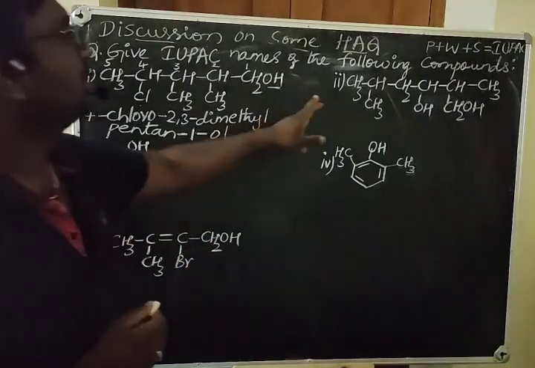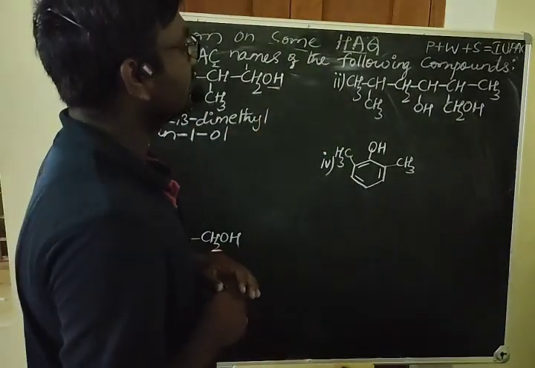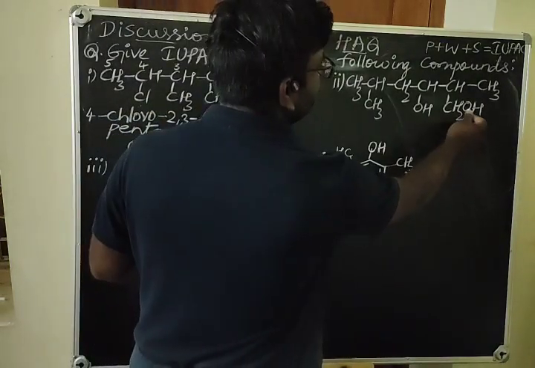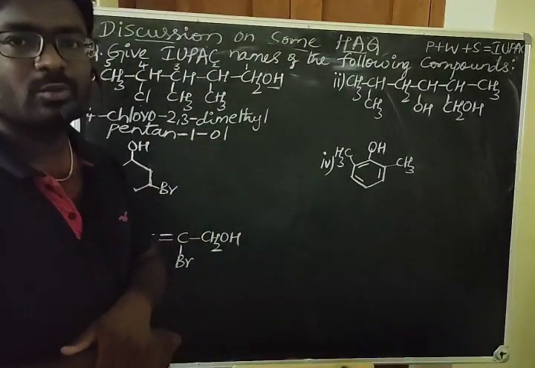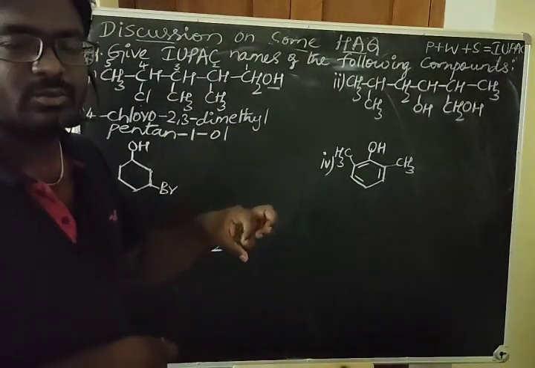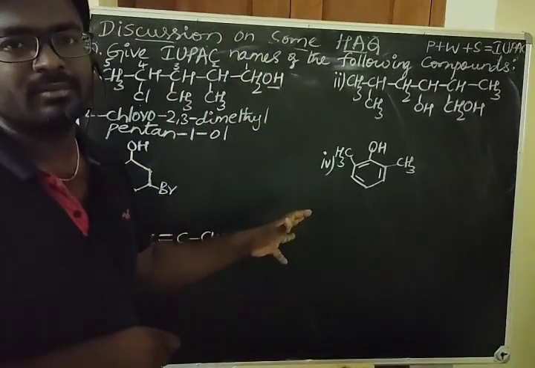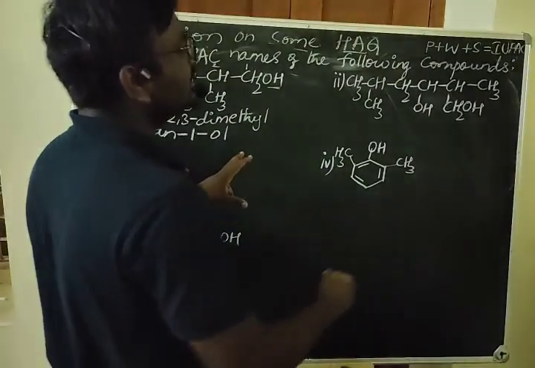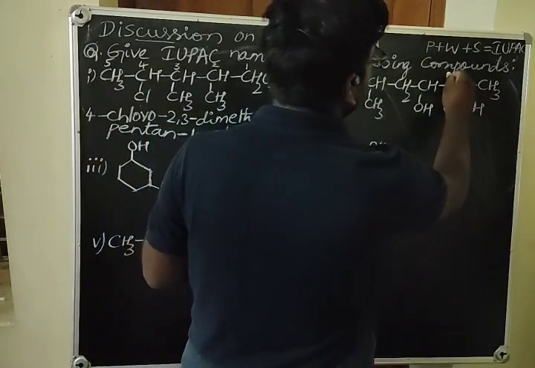Now we shall consider the second compound. Here there are functional groups at this position and at this position. We shall find the word root, which is the chain covering the maximum number of carbon atoms and having the functional group. Let us come from here: consider this as carbon 1, this as 2.